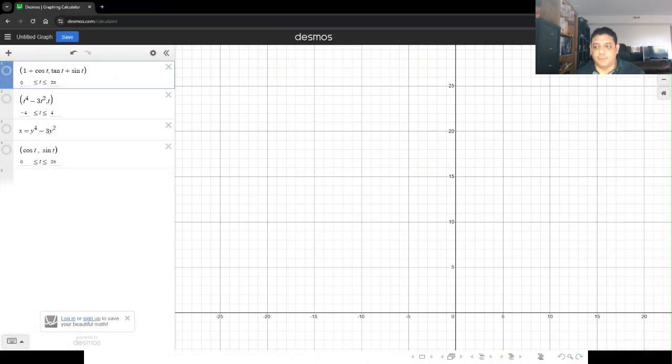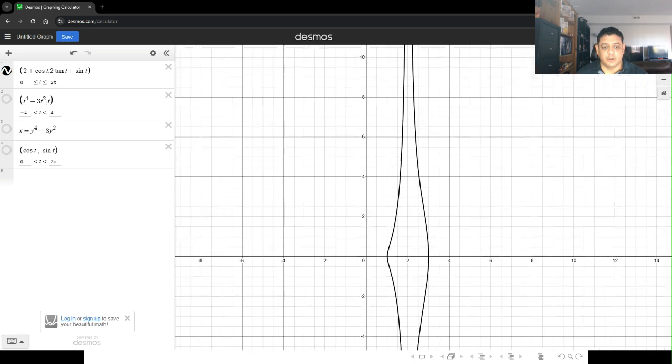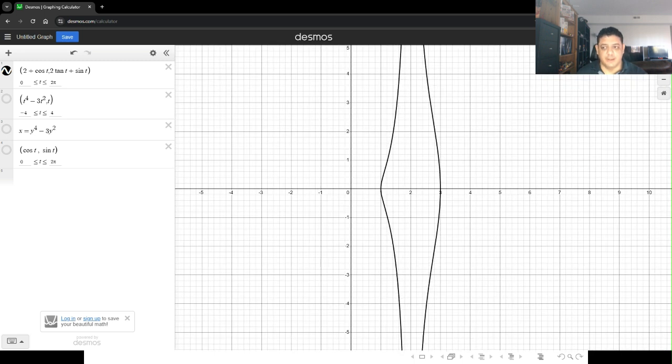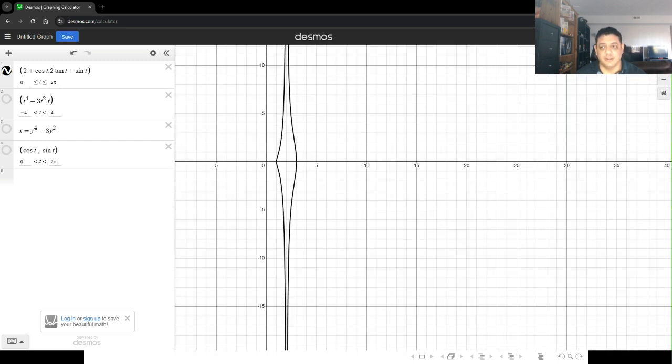Now we simply remove the parameter. Let's say we remove the parameter here and we just put a 1 or let's say a 2 on this, and then we fix the interval that we want to use, then we're actually going to get the full curve. So just take into account whether you're going to be using the sliders or a full interval to find out how the curve actually looks.